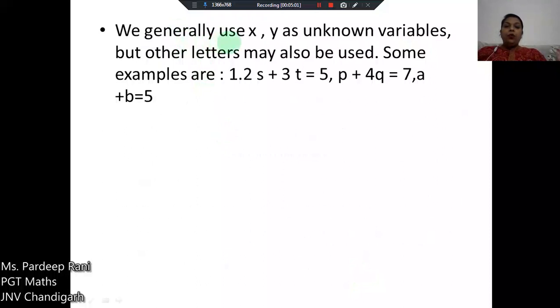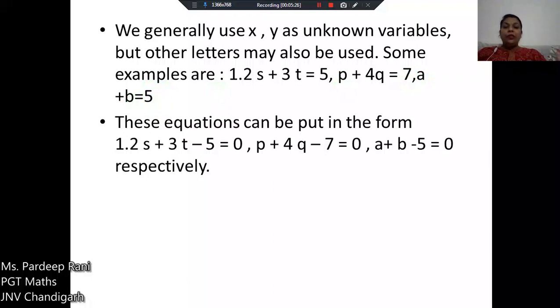We generally use x and y as unknown variables, but other letters may also be used. I'm taking some examples here. For example, 1.2s and 3t is equal to 5, p plus 4q equal to 7, a plus b is equal to 5.